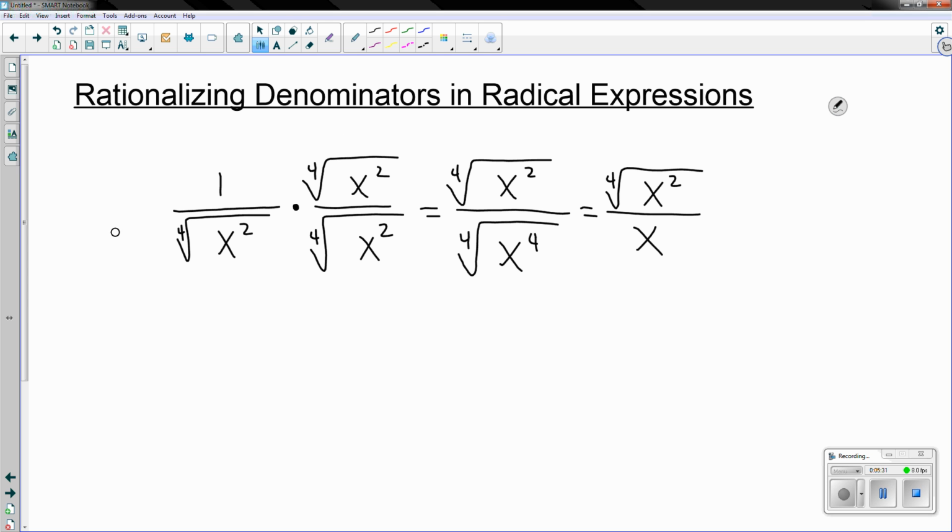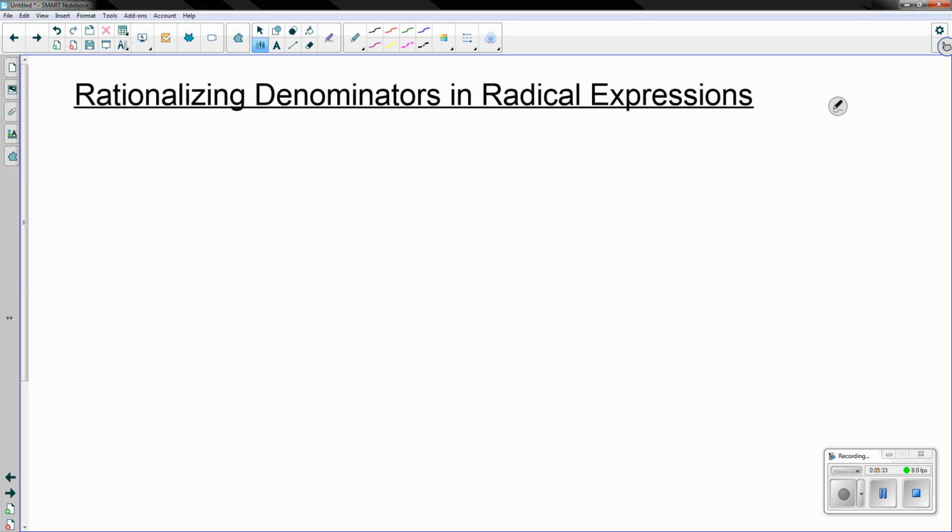So when might this pop up if it's not just explicitly thrown in our face? We might see something like this. First off, recall that rational exponents indicate a radical is involved. But what about that negative?